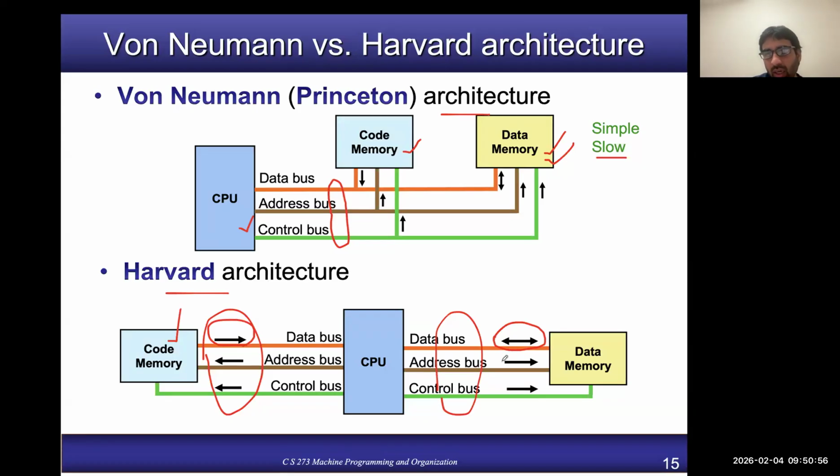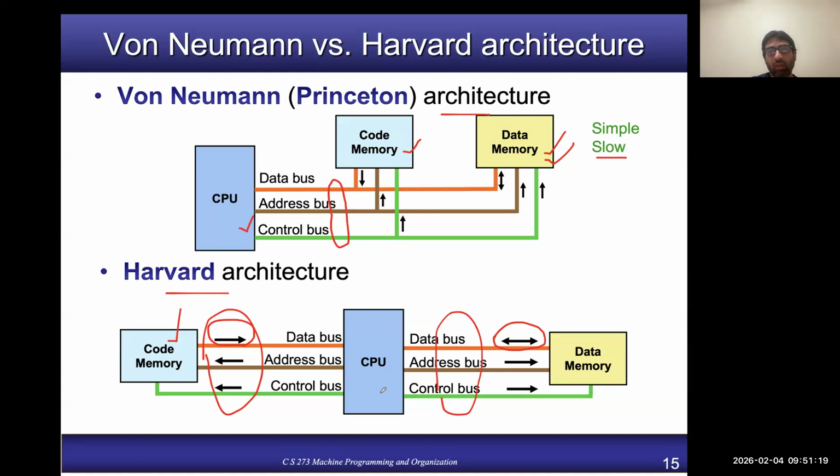And then definitely the address bus and control bus in both cases go from the CPU to the data memory or the code memory, because the CPU is the active component. The CPU is always saying, okay, I want to read data, write data. It is not that the memory chip is requesting or demanding data from the CPU.